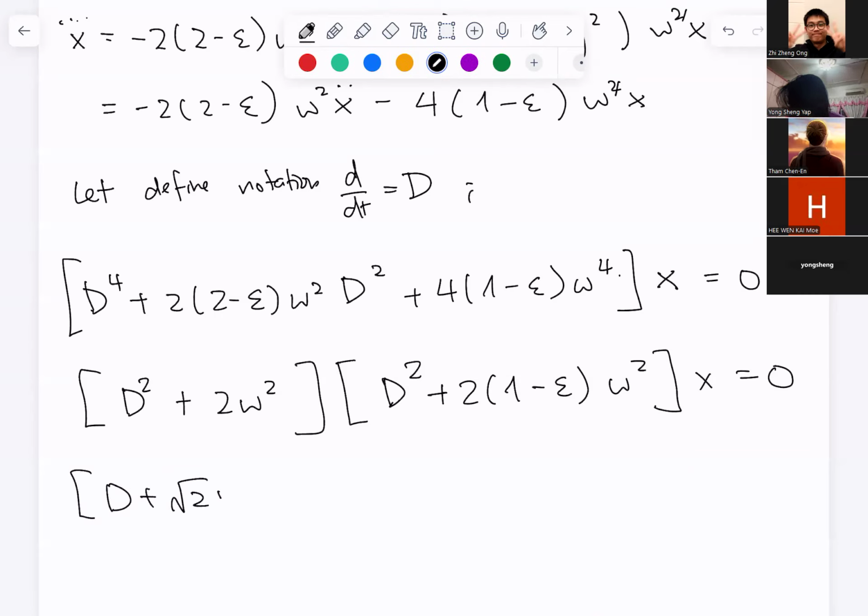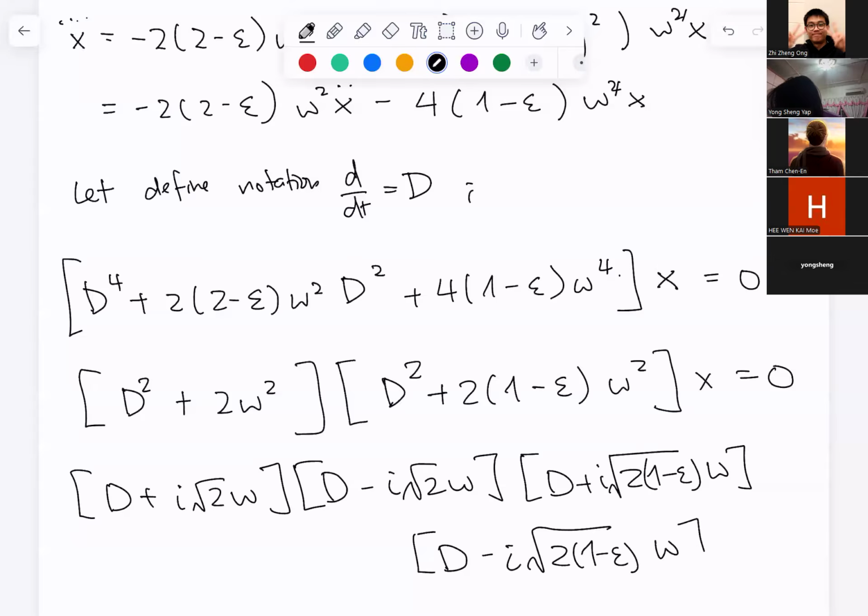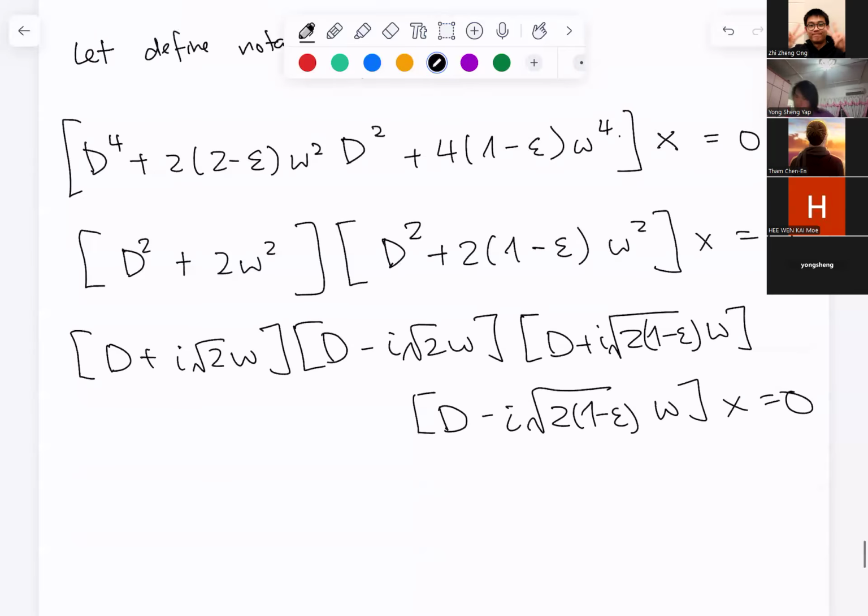Okay. And all right, so basically then you can factorize again. So that is d plus i square root 2 omega, d minus i square root 2 omega, d plus i square root 2 1 minus epsilon omega, d minus i square root 2 1 minus epsilon omega, x equals 0. And again, these four square brackets you can shuffle together, and each of them needs to solve the equation such that they give x equals 0.